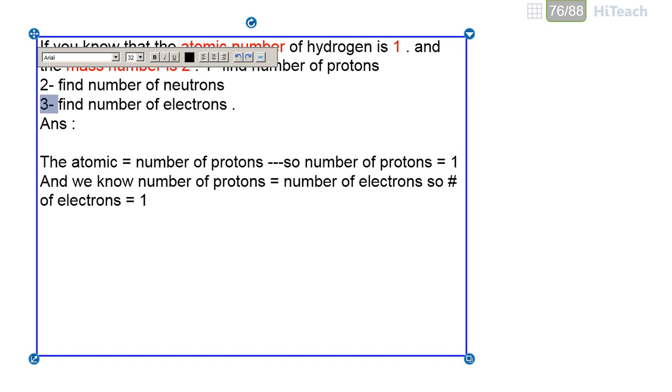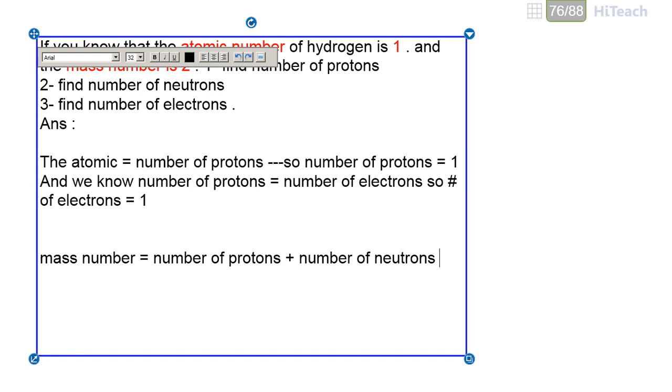Now, how to find the number of neutrons? We know that the mass number equals number of protons plus number of neutrons.